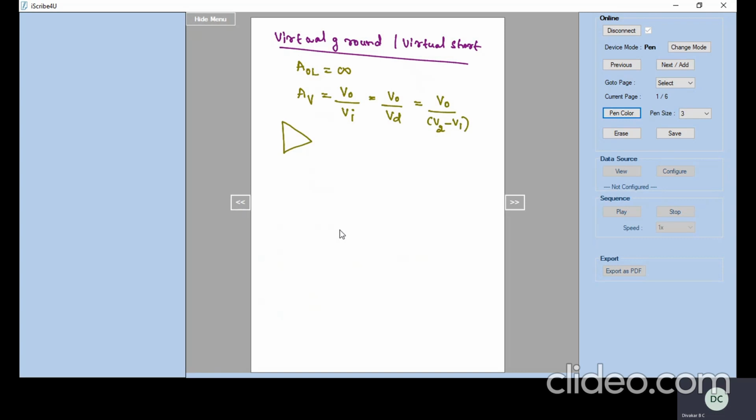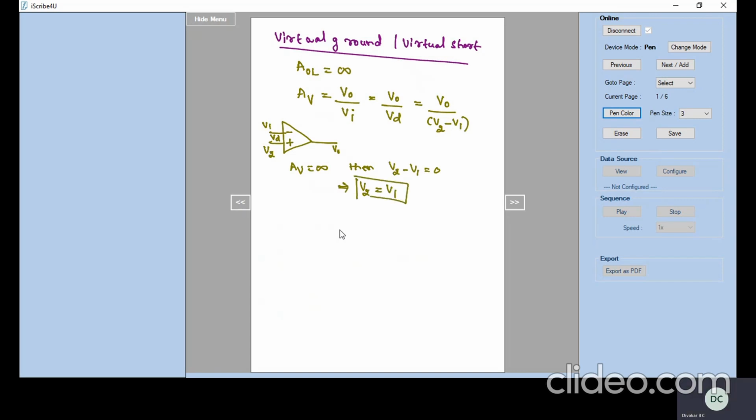So this is the schematic symbol of an operational amplifier. VD is nothing but the difference between the two voltages. This is minus and this is plus. If the voltage gain is infinity, AV is infinity, then V2 minus V1 is equal to 0, which implies that V2 will be equal to V1.